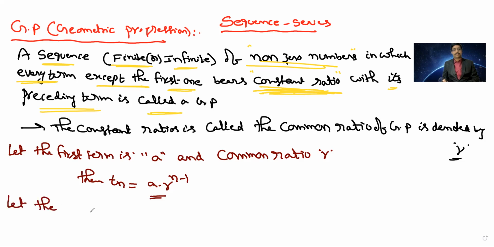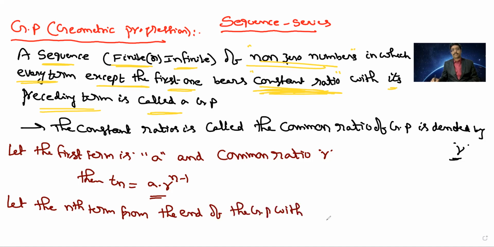Next, let the nth term from the end of the GP, with the last term L and common ratio R, be Tn.